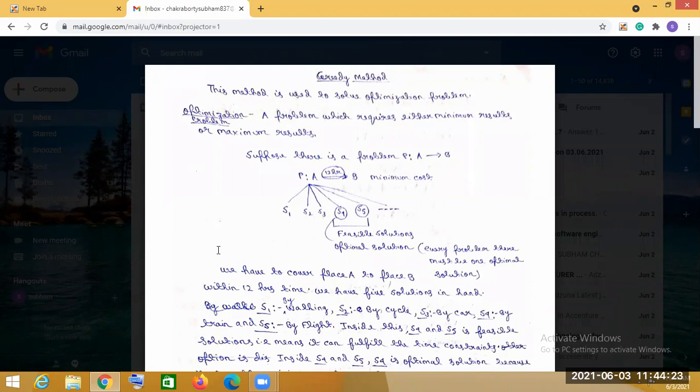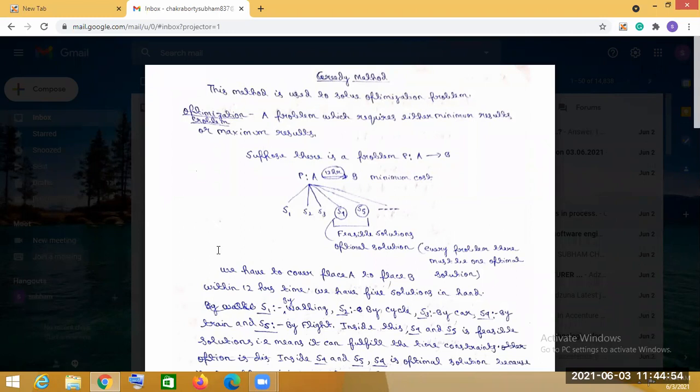Now in real life problems, there may be more feasible solutions present, but using some property, minimum result or maximum result, we have to determine which of these feasible solutions is our optimal solution. So for every problem in real life, there must be one optimal solution present.